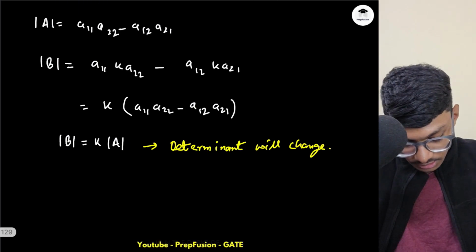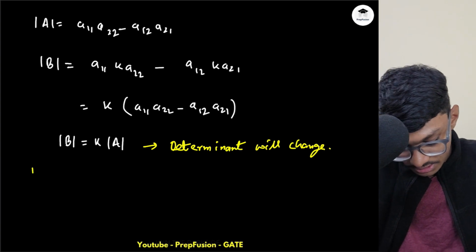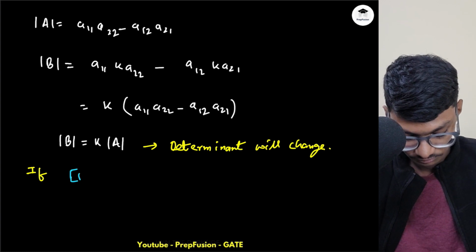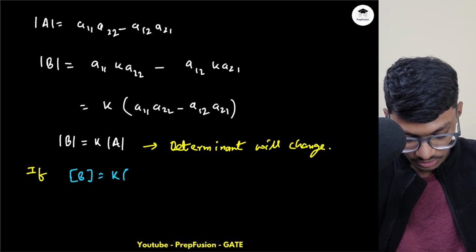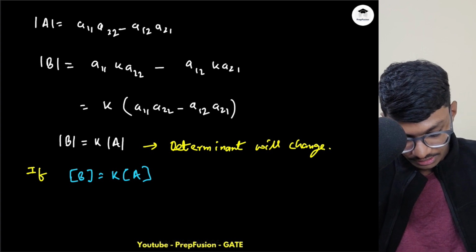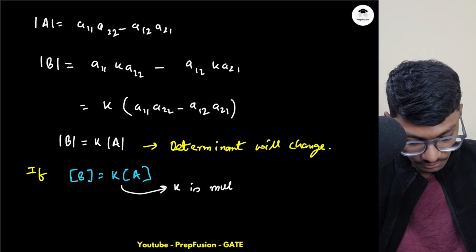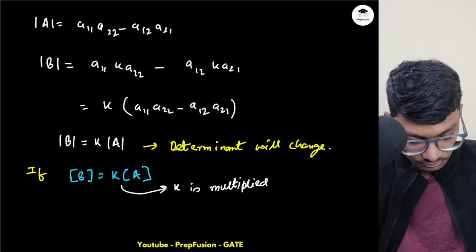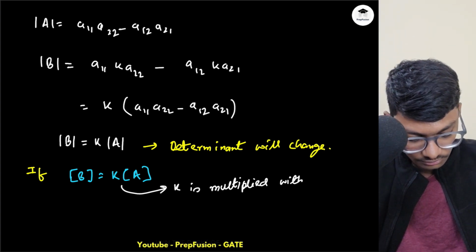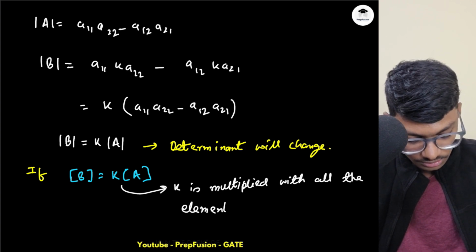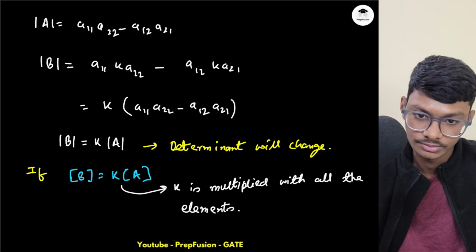Okay, if I want to write one more thing, B equals K times A, this means K is multiplied with all the elements.